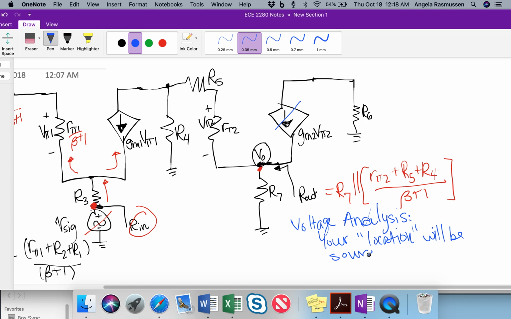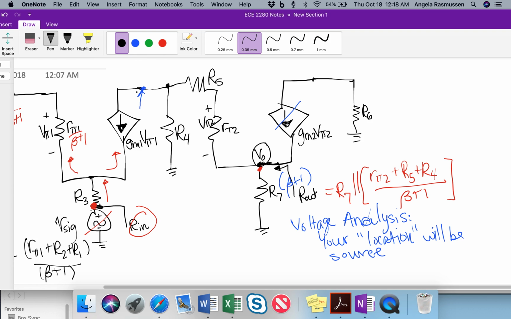So in this case, if we're reflecting this transistor, to get rid of this one, this is going to be my location, which is at the base side of this one. So I'm going to multiply R7 to ignore the effect from this one.